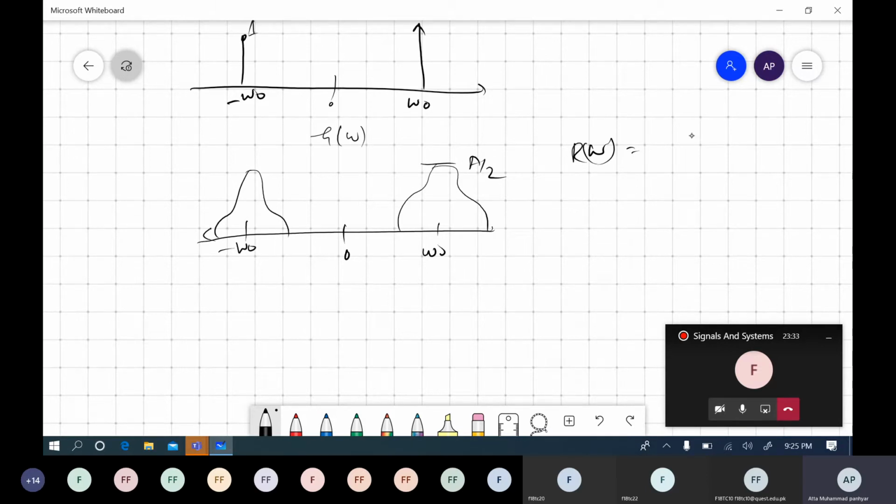That must be equal to the integral from minus infinity to infinity of G of phi times P of omega minus phi d phi, right?